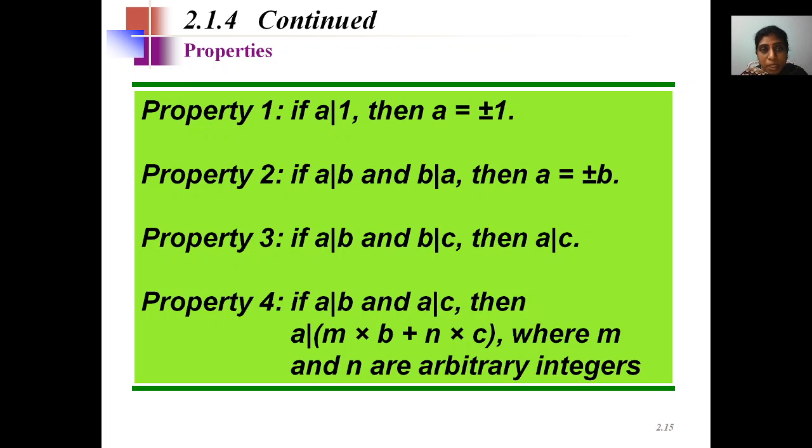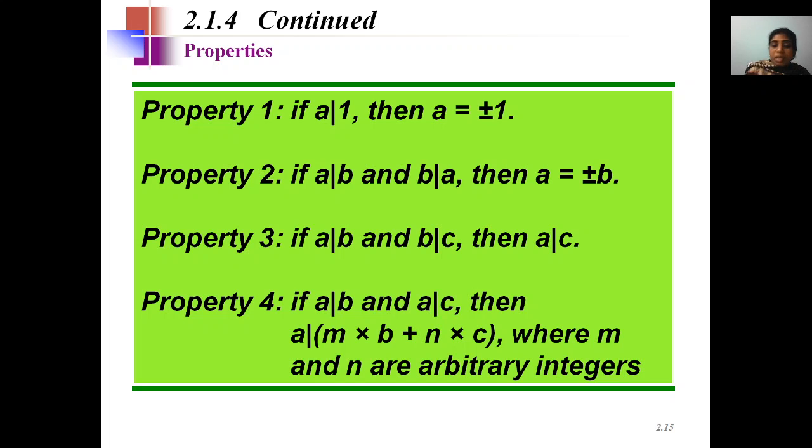Third property: if b is divisible by a and c is divisible by b, then automatically c is divisible by a. Fourth property: if b is divisible by a and c is divisible by a, then m into b plus n into c is divisible by a, where m and n are arbitrary integers.